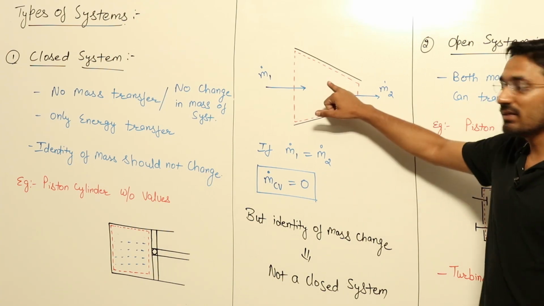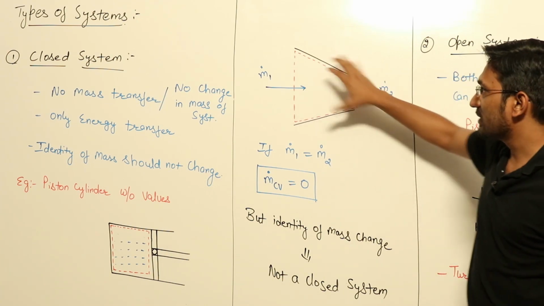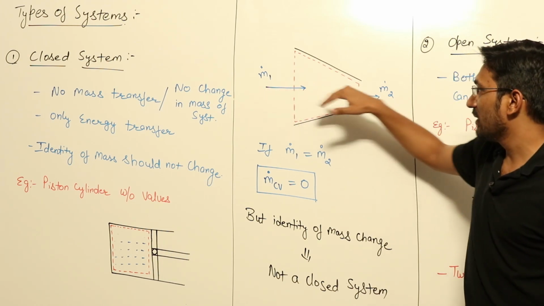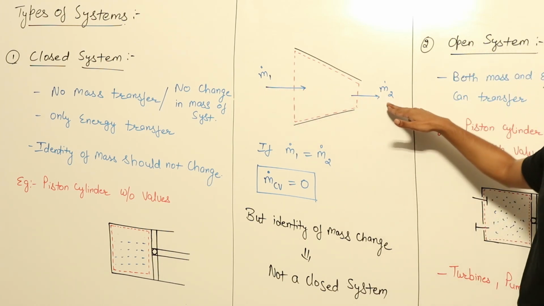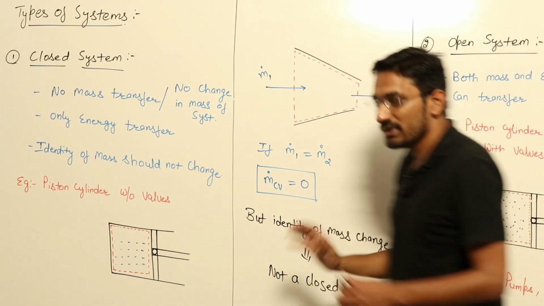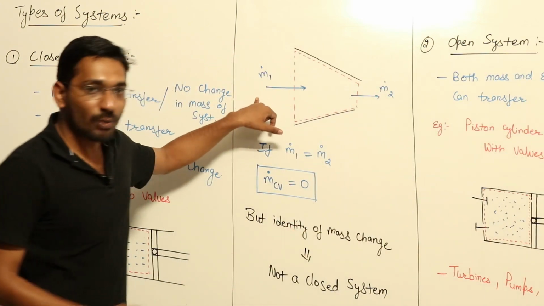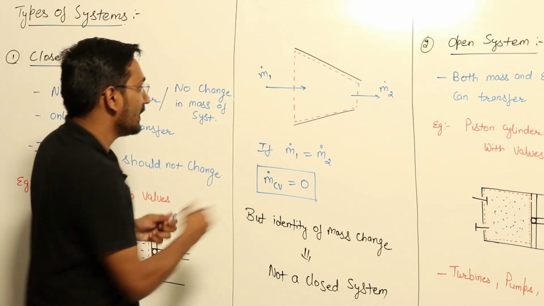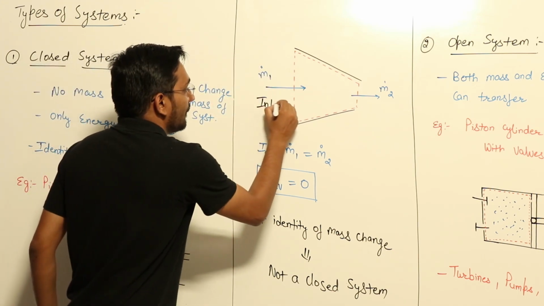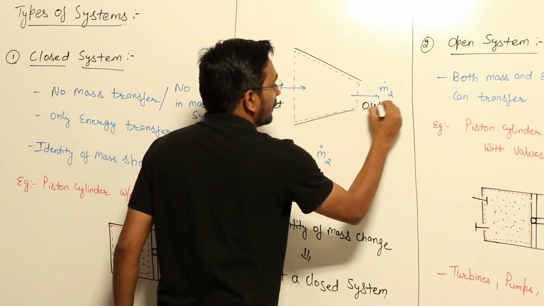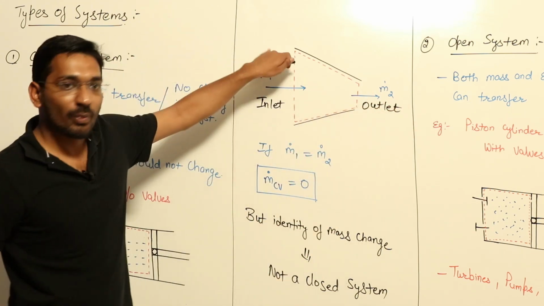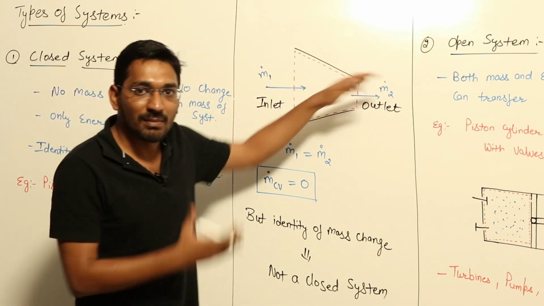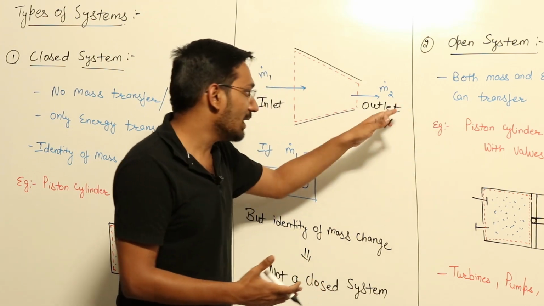Suppose I take this kind of arrangement: a converging passage where fluid enters from this point and goes out of the system from here. This is your inlet and this is your outlet, so m dot 1 is the mass flow rate at the inlet and m dot 2 is the mass flow rate at the outlet.